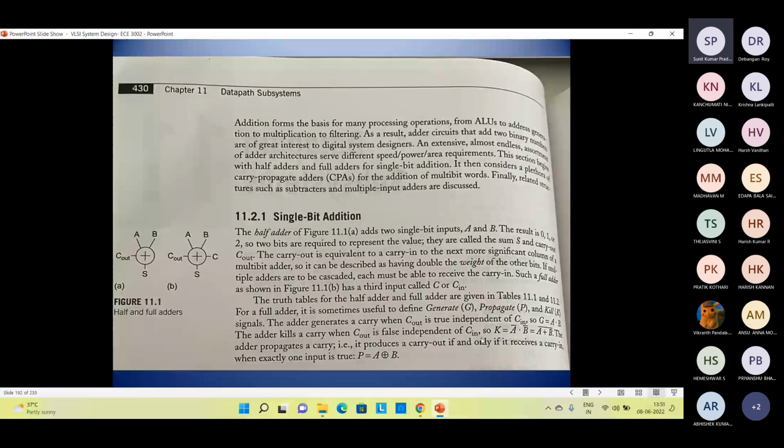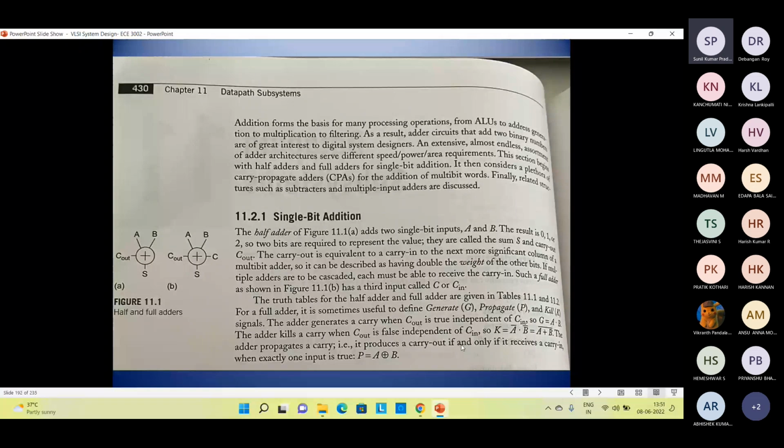And what is propagate? P is nothing but A XOR B. The adder propagates a carry, that is, it produces a carry out if and only if it receives a carry in when exactly one input is true.